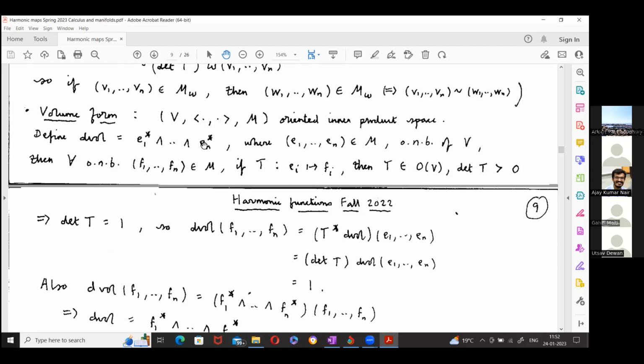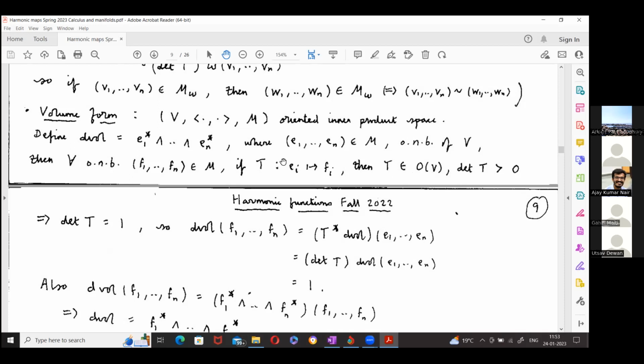Okay. So why is this? Because if I take any other positively oriented orthonormal basis F1 to Fn, then if I let T be the linear map which takes the first orthonormal basis Ei to the second orthonormal basis Fi, then since it takes an orthonormal basis to an orthonormal basis, it is an orthogonal linear transformation of V.